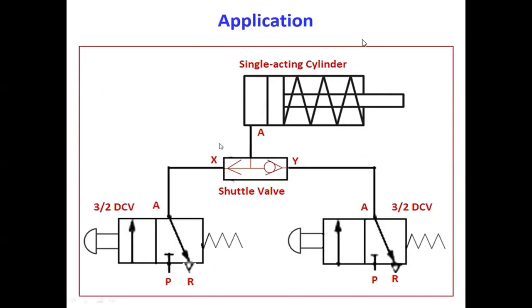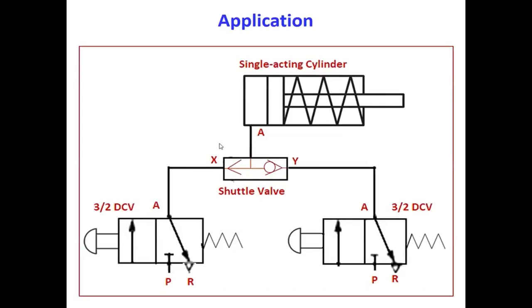Application: single acting cylinder with a shuttle valve. This is a 3x2 DCV, direction control valve. In this circuit, we have a single acting cylinder.